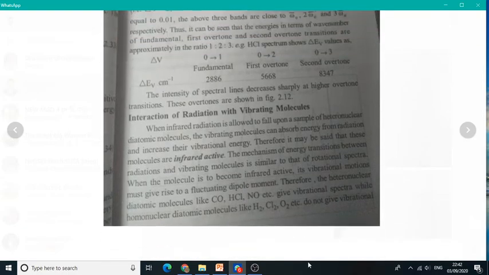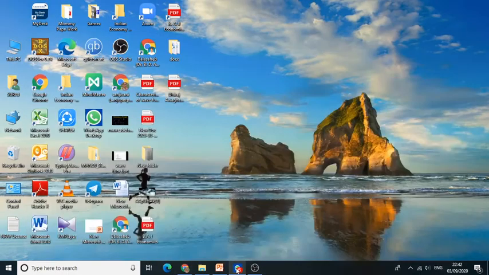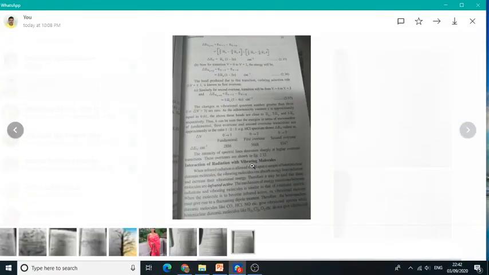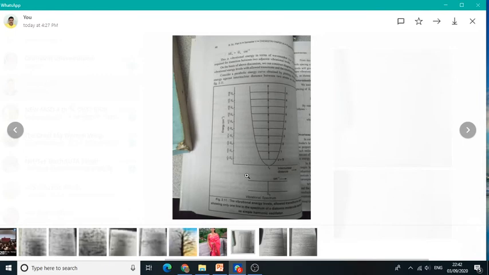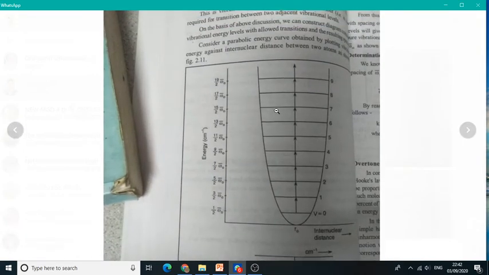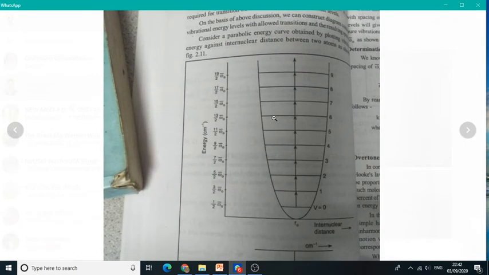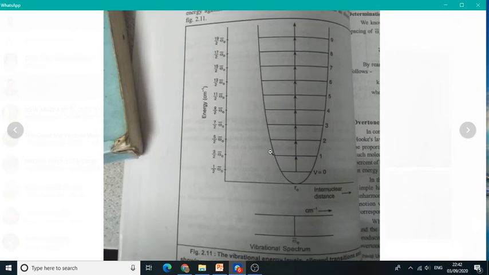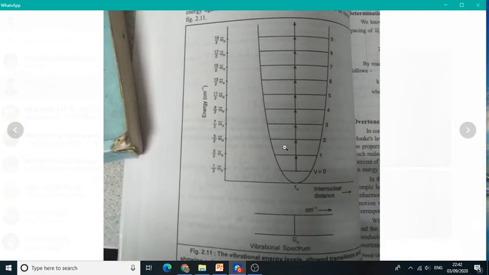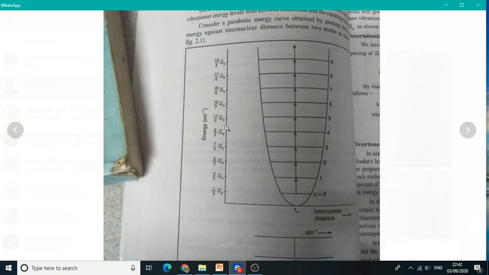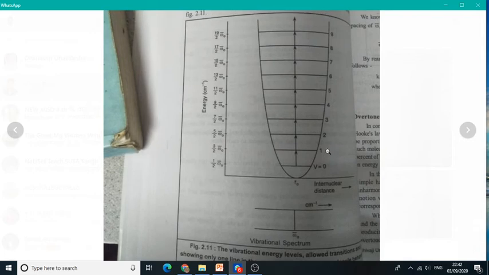Then again I will repeat the vibrational energy level here. This is the vibrational energy level diagram for a diatomic molecule. This is a perfect U-shaped graph, and this is the diagram of energy versus internuclear distance.